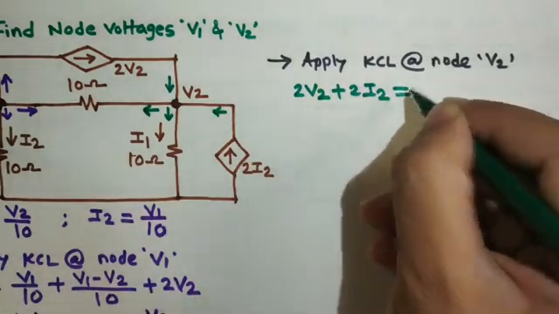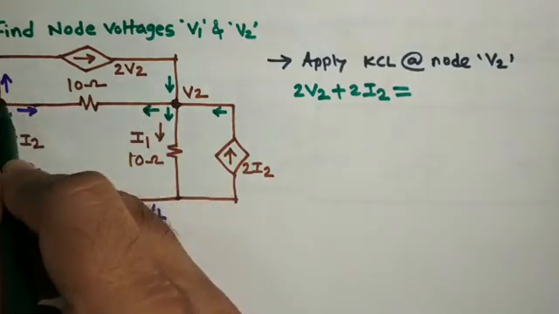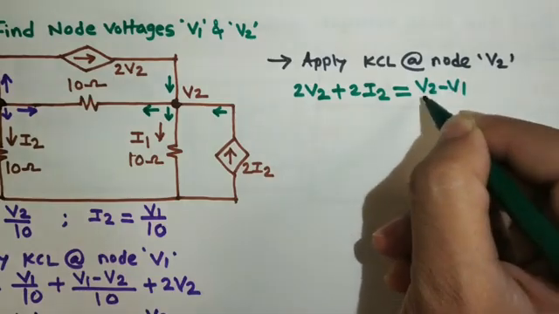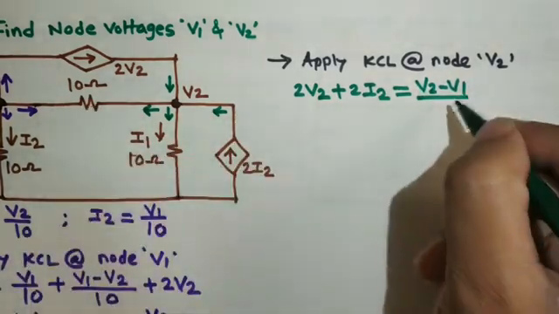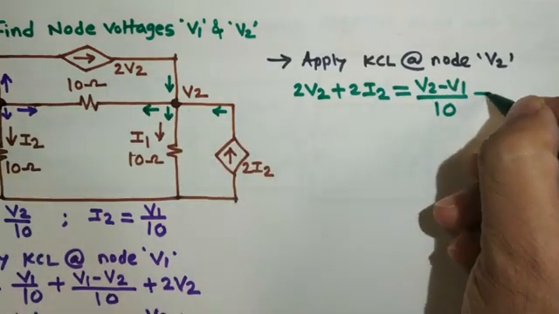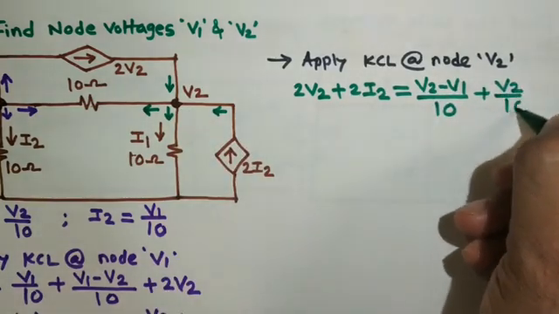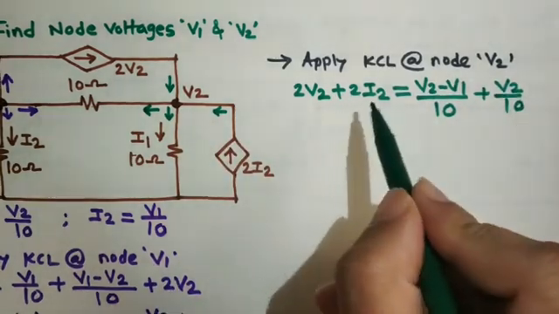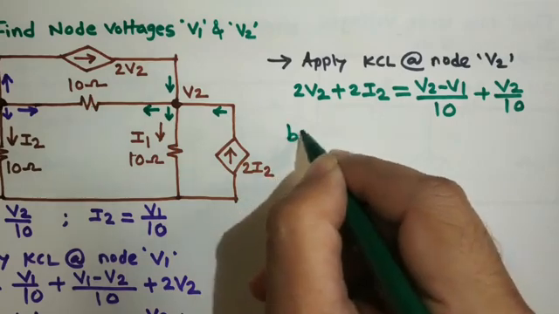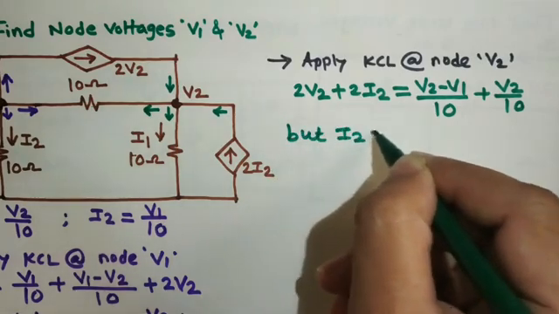And there are two outgoing currents. One is this: we are moving towards node V1, so V2 minus V1 divided by the resistance, which is 10. And this is also an outgoing current, which is nothing but V2 upon 10. As I said, we don't want I2 terms in nodal analysis. But I2 is equal to V1 upon 10.